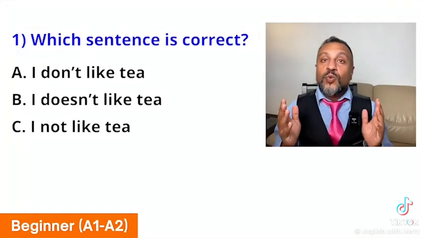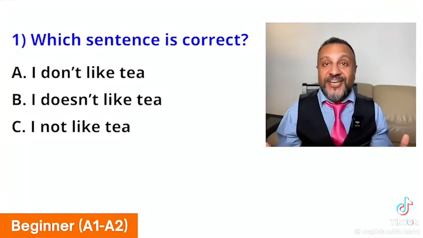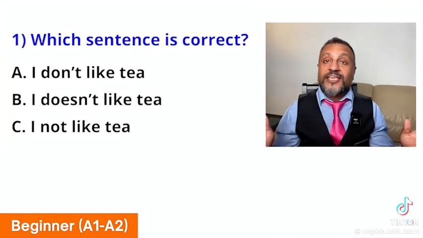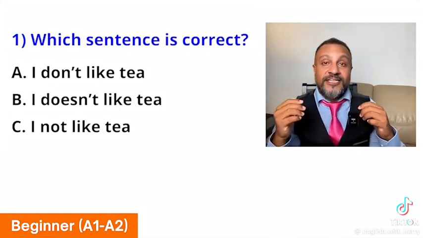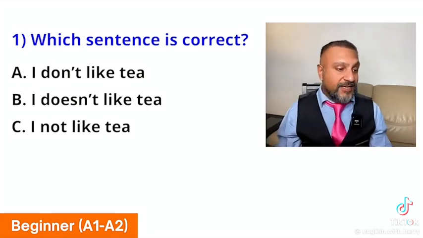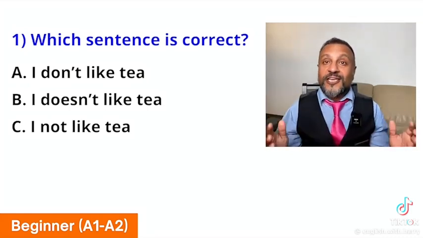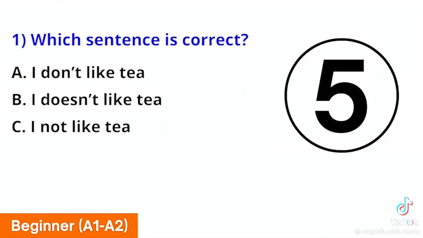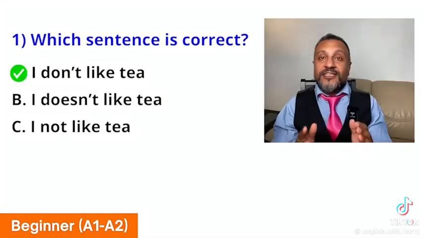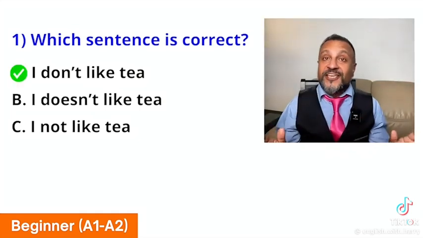Question 1. Which sentence is correct? I don't like tea. I doesn't like tea. I not like tea. The answer is I don't like tea. But why?